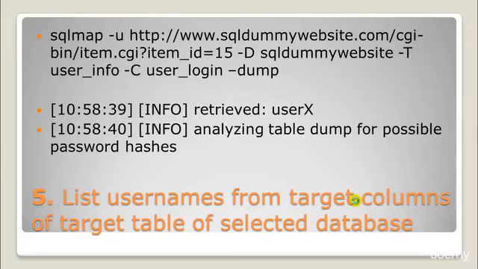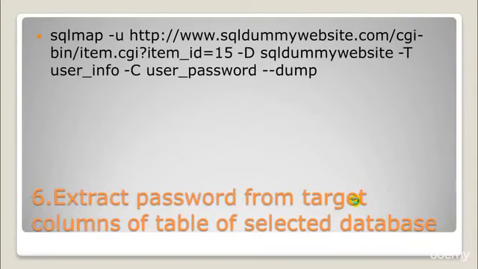When you run this, you will be amazed to see what you have got. We get the usernames from the database. As you can see, we have retrieved user X, and it will analyze the table dump for possible password hashes. After that, we need to extract the password from the target columns of the target table of the database using SQL map injection.